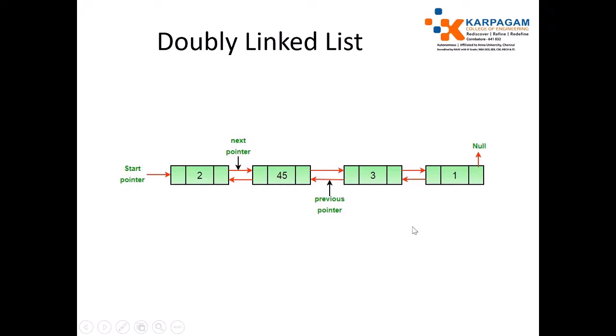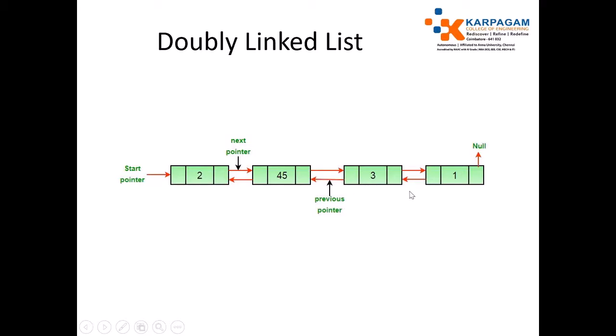Consider this is a double linked list. We have a head pointer here. The head pointer is used to store the starting address of the linked list, and we have a tail pointer here. The tail pointer is used to store the address of the last node, and we have a forward pointer to store the address of the next node, and a backward pointer to store the address of the previous node.